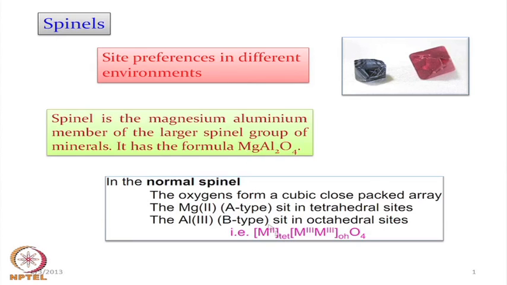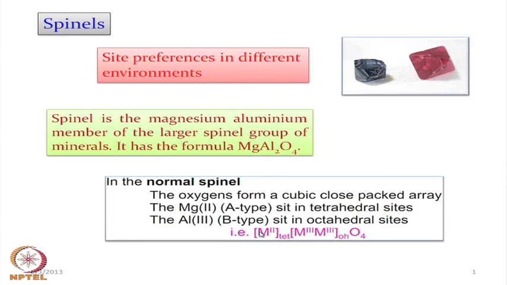We consider this as the A type, that means M in the A site and another M in the B site, which are 2 in number, and 4 oxygen as the oxide anions. So, aluminum sits in B type sites, the octahedral sites.